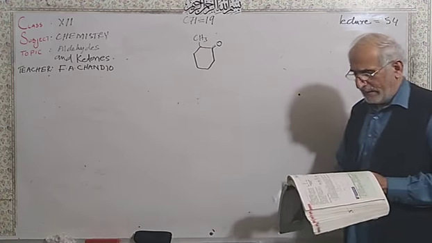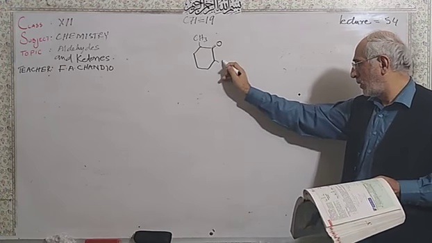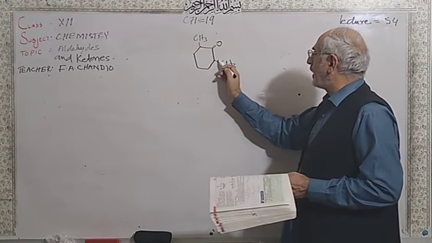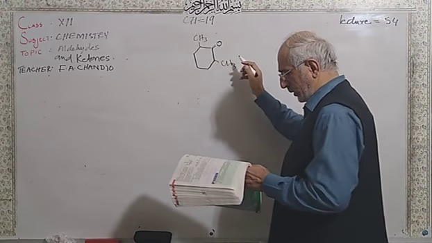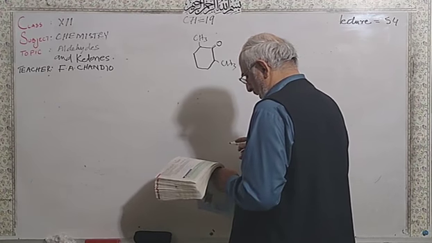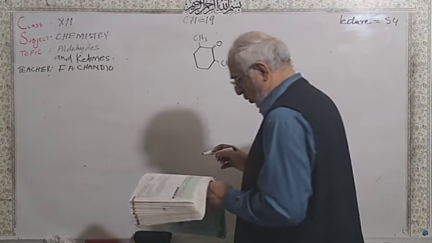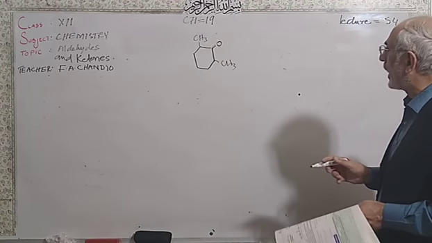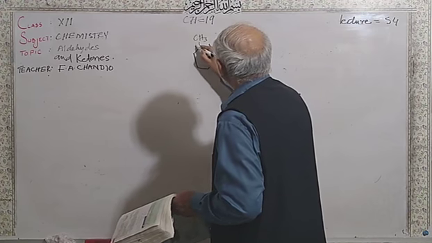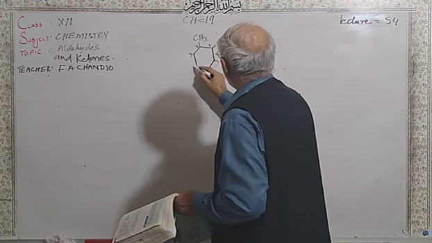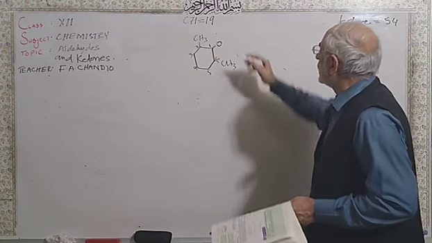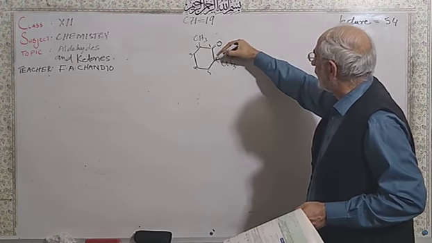If you put methyl here or methyl here, starting the numbering from this side, 1, 2, 6, 2,6-dimethyl cyclohexanone. 1, 2, 3, 4, 5, 6, starting from this carbon which is connected here.